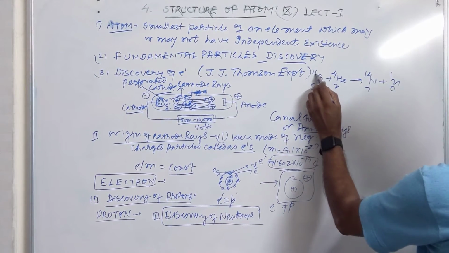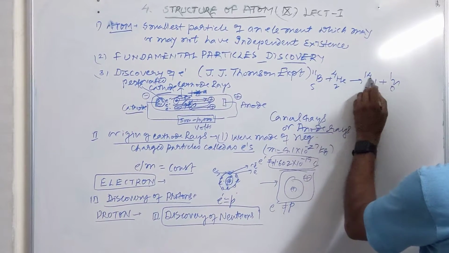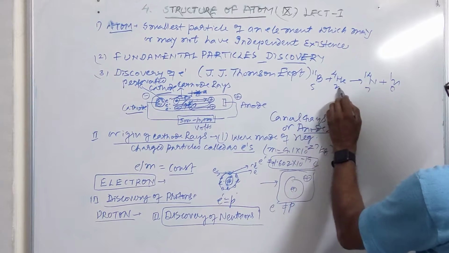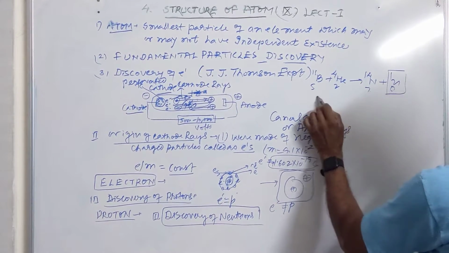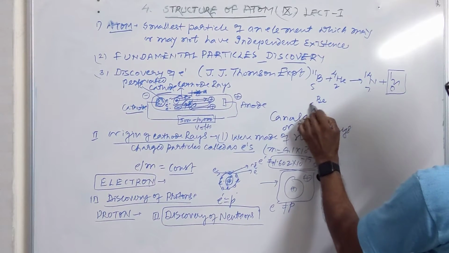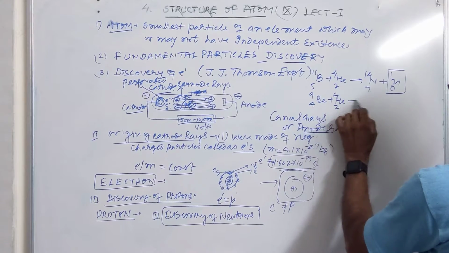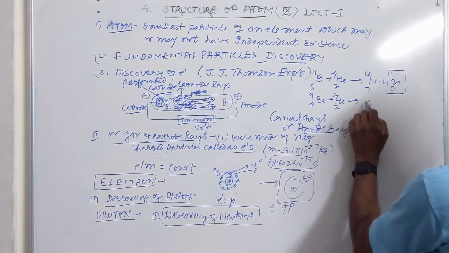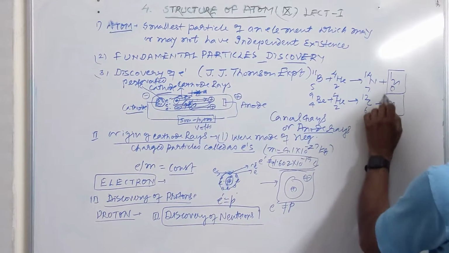You will see the upper number sum should be equal on both sides. 11 plus 4 is 15, 14 plus 1 is 15, 5 plus 2 is 7, 7 plus 0 is 7. So these are the neutral particles which were produced by boron nuclei. Similarly, they bombarded beryllium with an alpha particle and got carbon plus a neutral particle which was named the neutron.